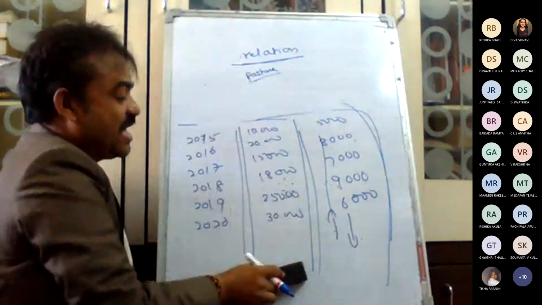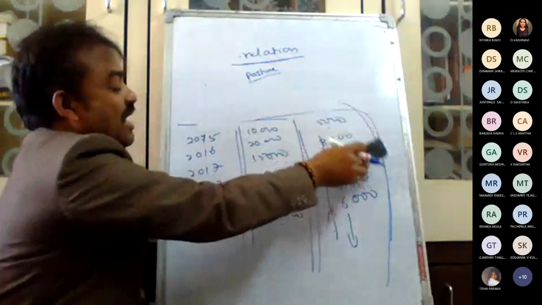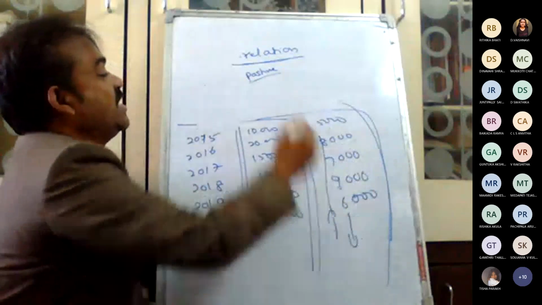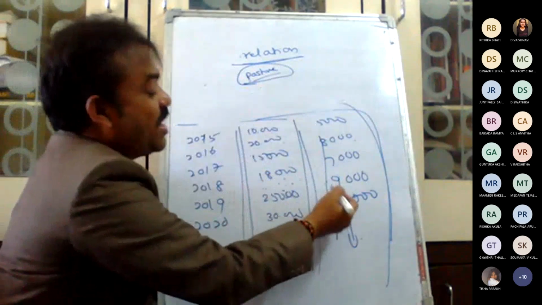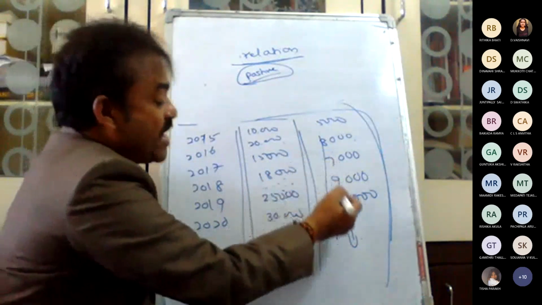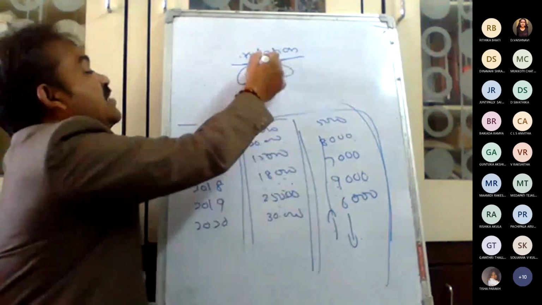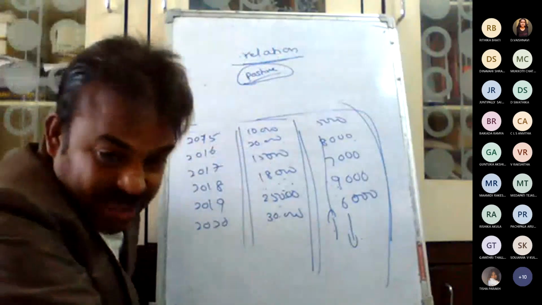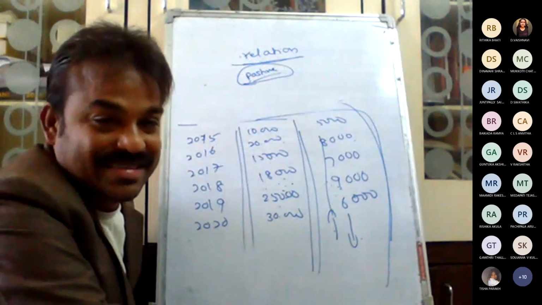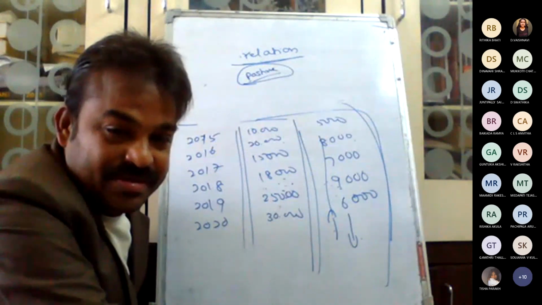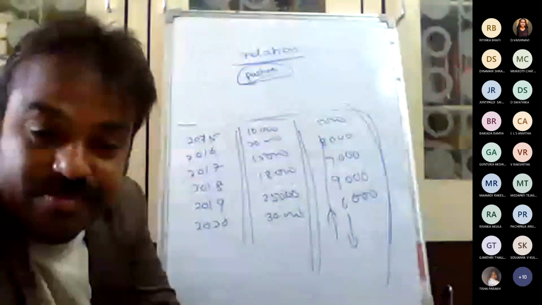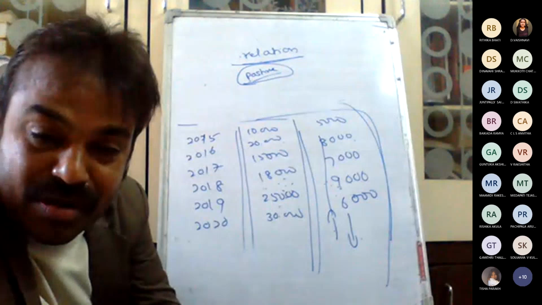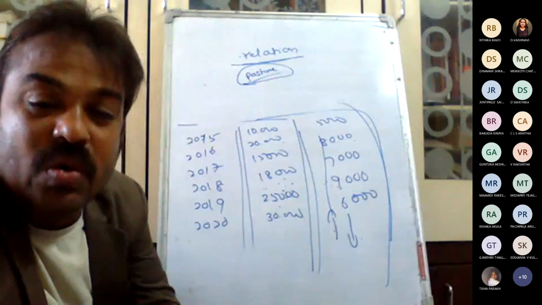It means when the sales are increasing, the other variable is also increasing. So it is called a positive relationship. Whether it is a positive relationship or negative relationship, that will be known with the help of correlation. Understood? The relationship between the two variables will be known with the help of correlation.